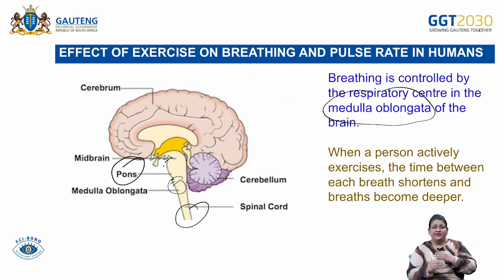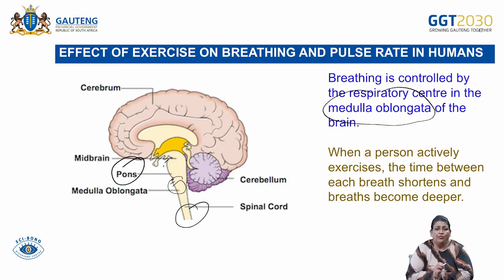When you are running, without telling your body, your heart will beat fast. Without you telling your body, your mouth will open and your breaths coming out will be faster and more. So that is the rate and depth of breathing, and it's controlled by what we call the medulla oblongata.